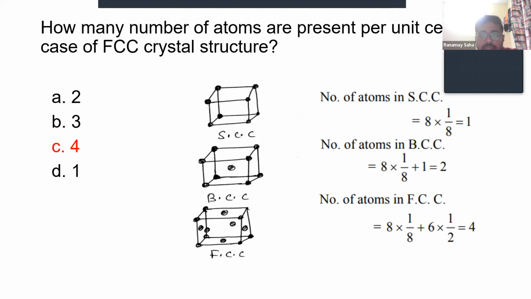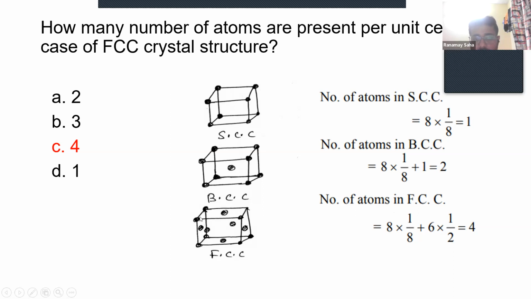We had already discussed such questions during the last session regarding how to calculate the number of atoms. At the same time, we also discussed how to calculate the atomic packing fraction. So here we have the number of atoms in FCC. You can see in the third row how we have calculated the number of atoms in FCC.